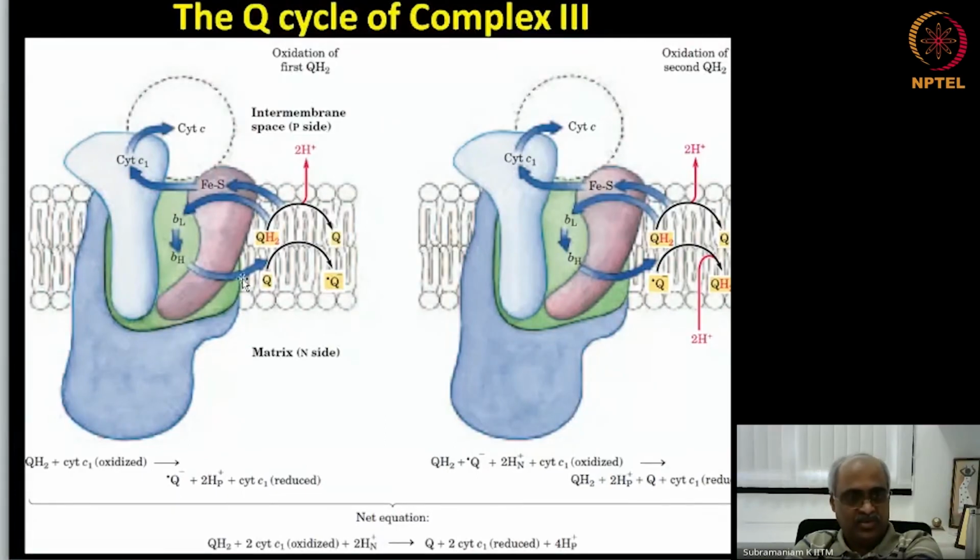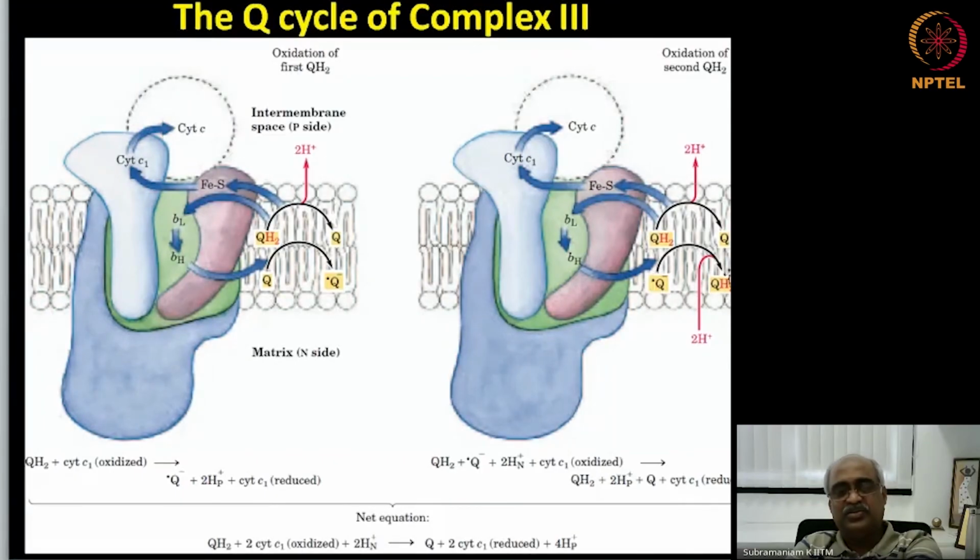So here the electron goes in a cycle, and that is why it is called the Q cycle. Now in the second step, a second reduced ubiquinol binds to it. From there, again one electron via this route goes to cytochrome C. So the second cytochrome C is reduced. And the other electron goes back to this semiquinone radical produced in the oxidation of the first molecule of QH2.